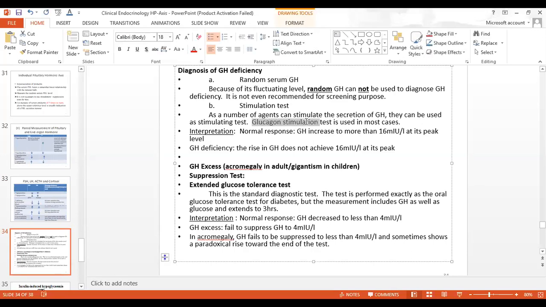If you inject the patient with glucagon, the glucagon should be able to stimulate the growth hormone. If the glucagon is not able to do it, then there will be a low level of growth hormone. Then we can say that there's growth hormone deficiency. Growth hormone excess, as I said, you do the suppression test, and we talked about the OGTT test.